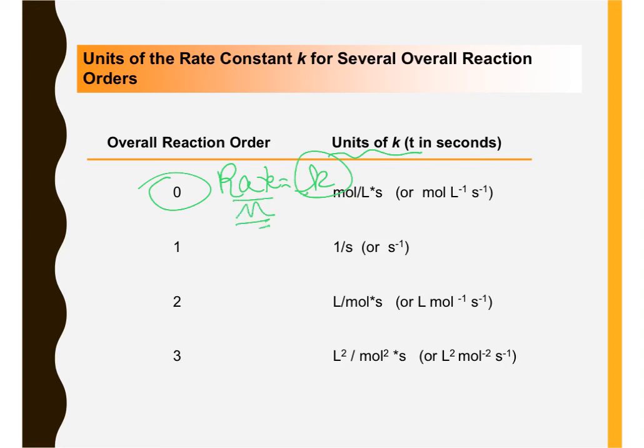Remember, units for rate is always molarity per second. If you have a first order reaction, so rate equals K times concentration of something raised to the first power, it turns out that the units are 1 over seconds, which can be expressed like this.